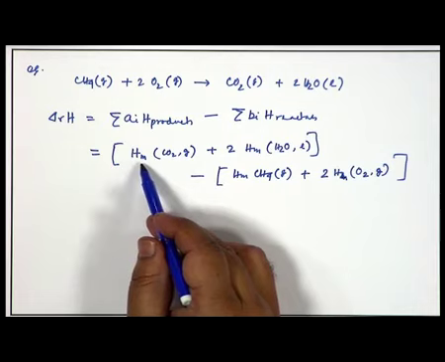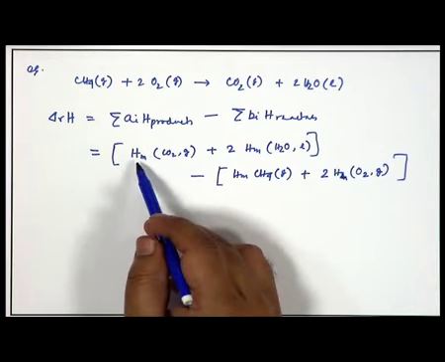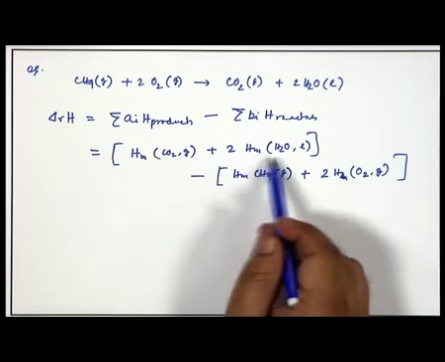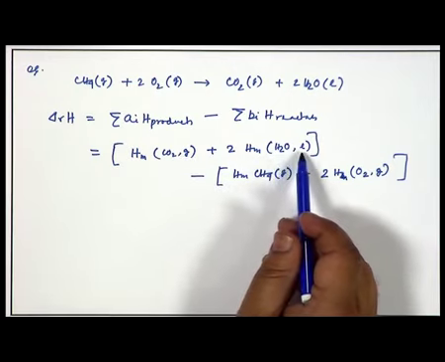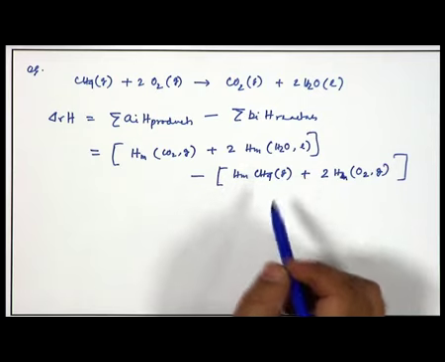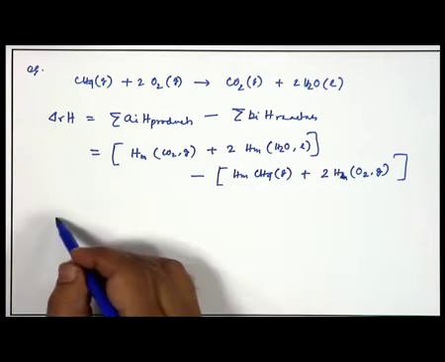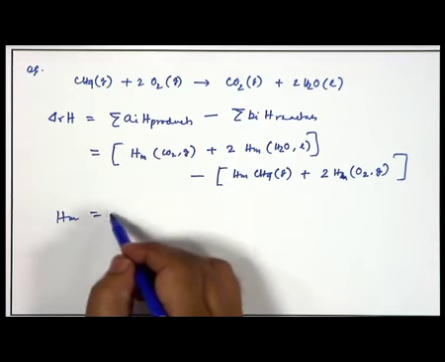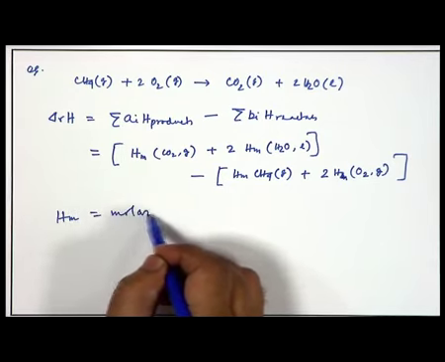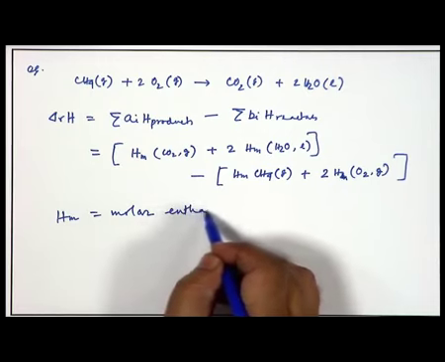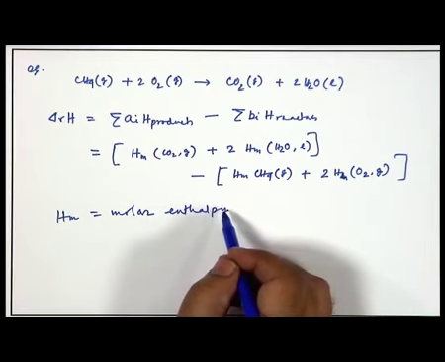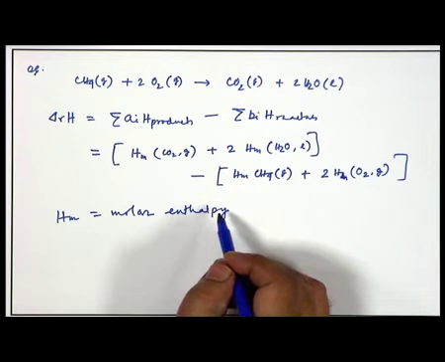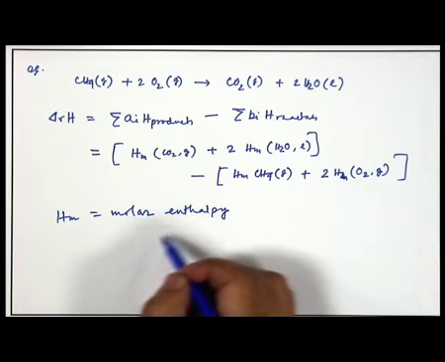Now, what is this H_m? This H_m is the molar enthalpy of carbon dioxide in gaseous state, the molar enthalpy of water in liquid state. So, H_m is called the molar enthalpy of the corresponding reactants or products.